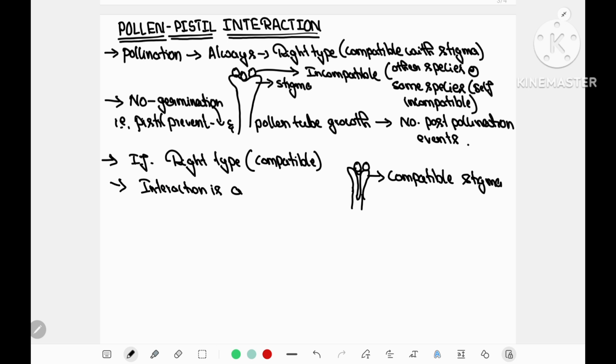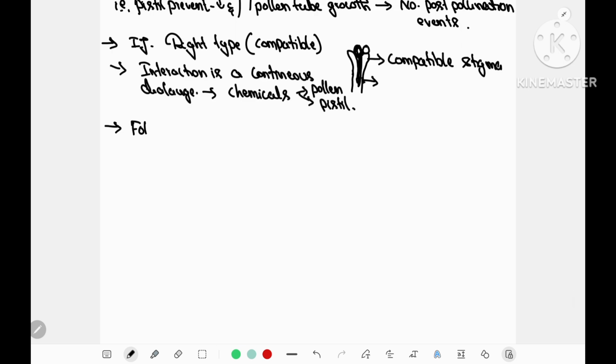Now, the interaction between the pollen grain and the stigma, that is acceptance or rejection of the pollen grain, is not a one-point event. It is a continuous dialogue between the pollen grain and the stigma. And for this, in recent years, it is discovered that some chemicals present in pollen and pistil are responsible. Now let us start the actual topic, the pollen-pistil interactions.